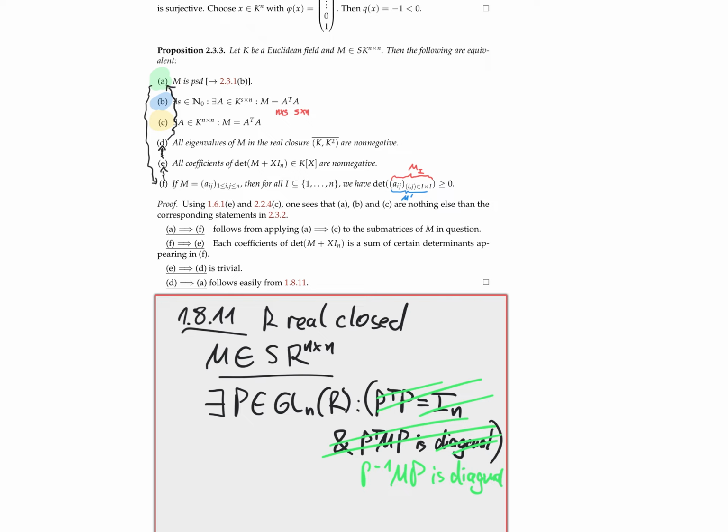That means the corresponding quadratic form is PSD. That means that X transpose times this diagonal matrix times X, so this diagonal matrix, with non-negative entries.